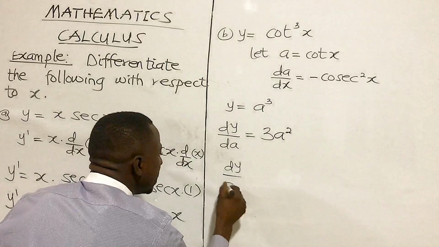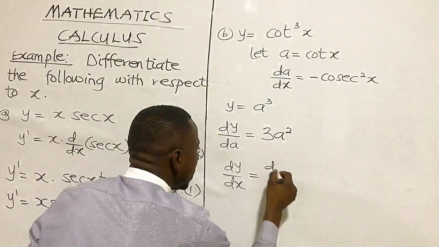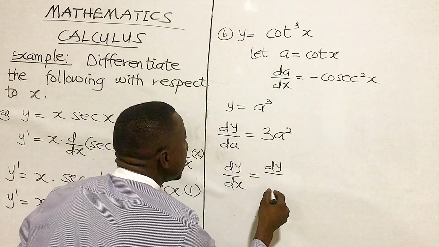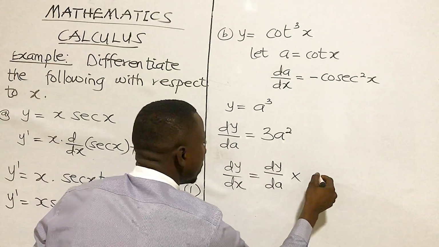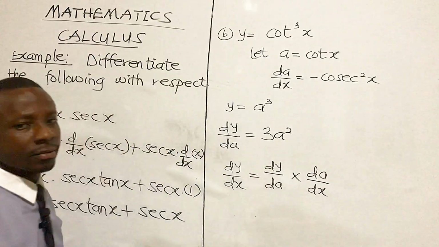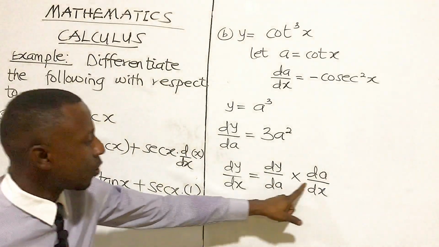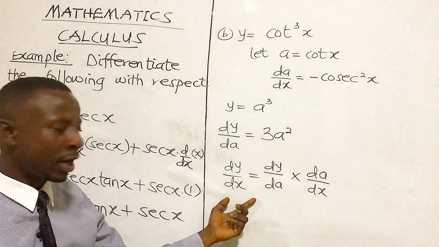Dy over dx is basically equal to dy over da multiplying da over dx, because when we take this, we are still going to get the dy over dx we have here.